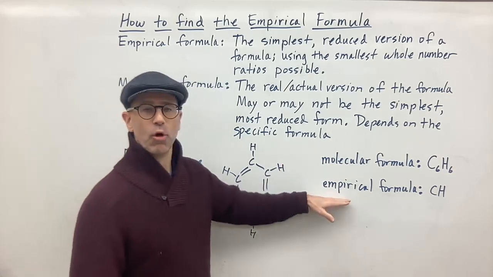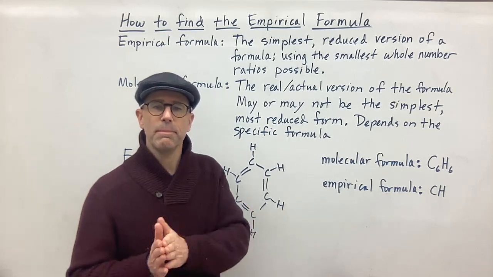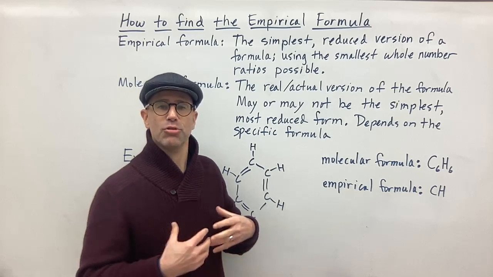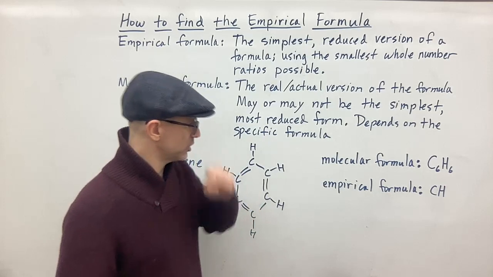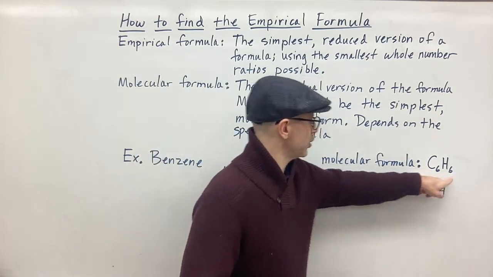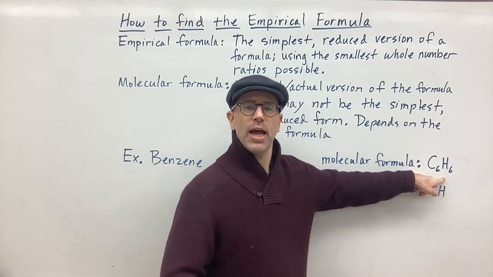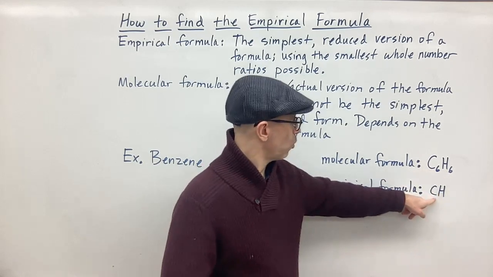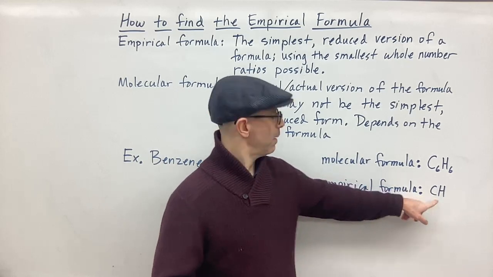Now, the empirical formula is the reduced version of that. If you simplify to the smallest whole number ratios, the ratio of carbon to hydrogen is 6 to 6, and if we reduce that, it's 1 to 1. We don't write the ones in our formulas, but they're there.